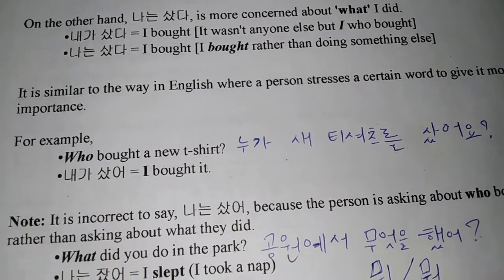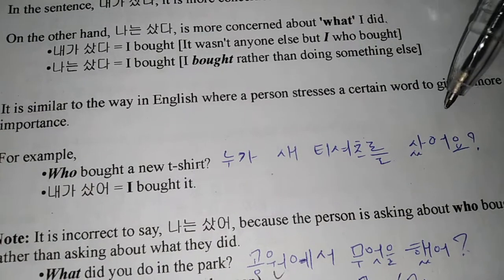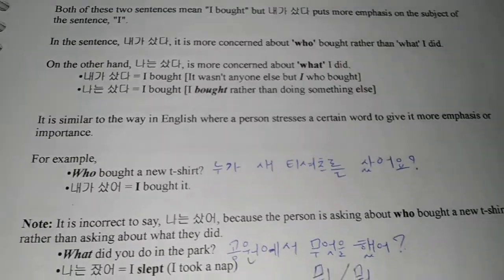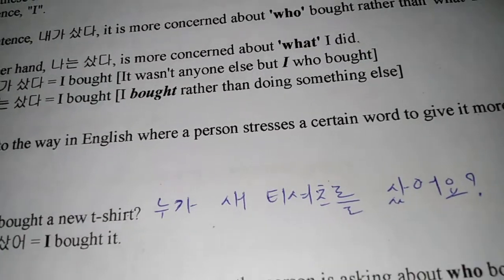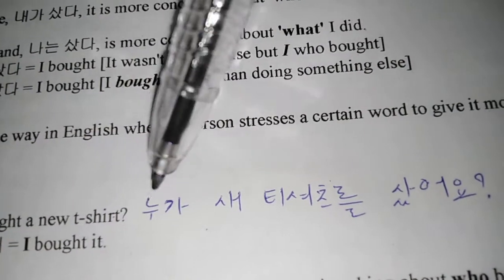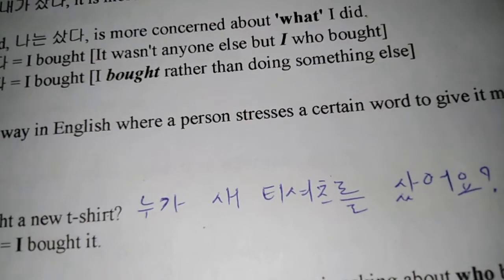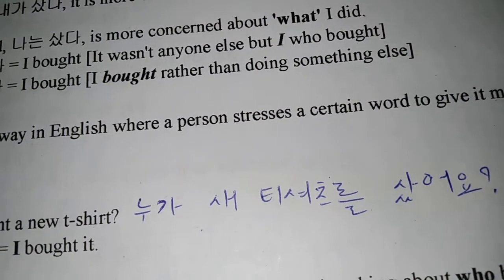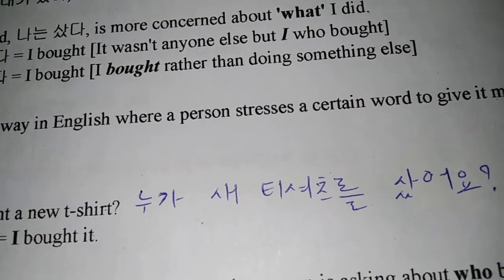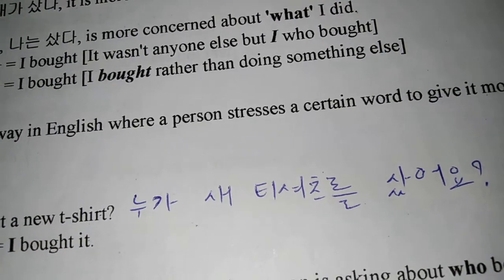So suppose you're asking a question. 누가 새 티셔츠를 샀어요? 누가 means who. 새 means new. Who bought a new t-shirt? That's the literal translation. 티셔츠 means t-shirt. 티셔츠를 샀어요. 를 is the object particle here. You'll be learning that in the coming lessons. 샀어요, bought. So we are asking who bought the new t-shirt.